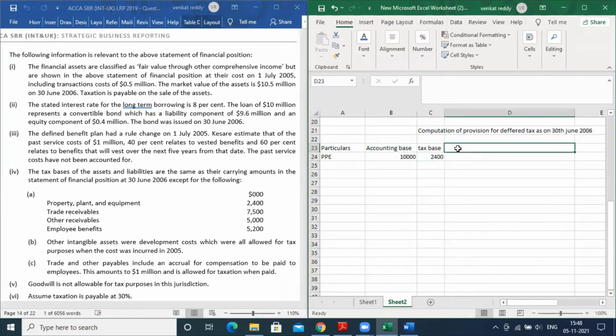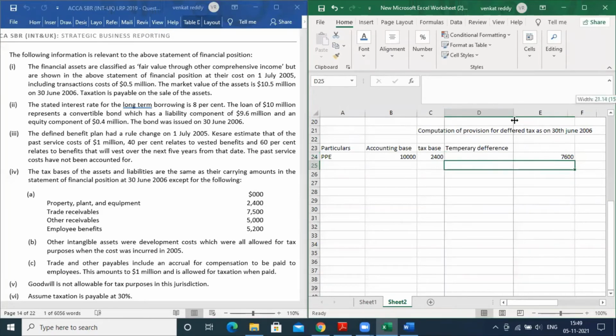So next is temporary difference. Here the temporary difference is 10,000 minus 2,400, so it is 7,600. Now here you should understand whether it is a taxable temporary difference or a deductible temporary difference.